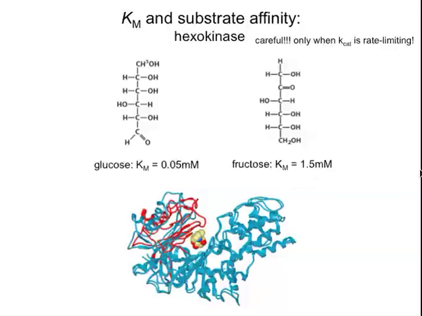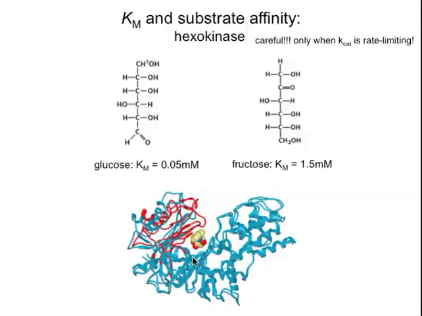So we're talking about, what are we talking about here? A factor of 20 or 30 fold greater in the case of glucose, higher affinity, apparently, as measured by Km, than for fructose. Now, what does this mean? Well, this kind of tells us what substrate might best induce that conformational change, right?